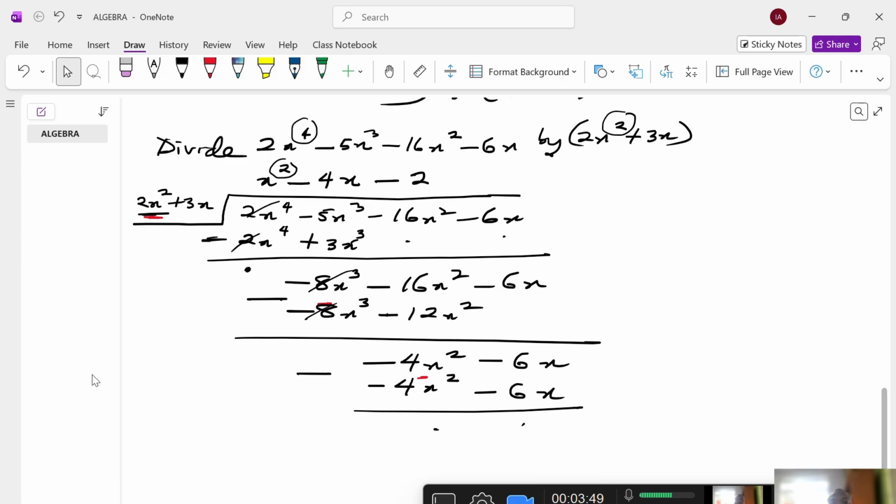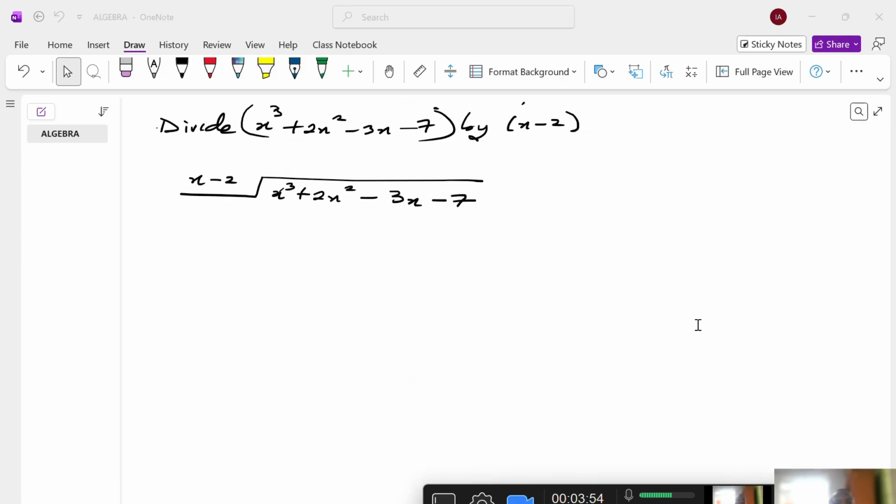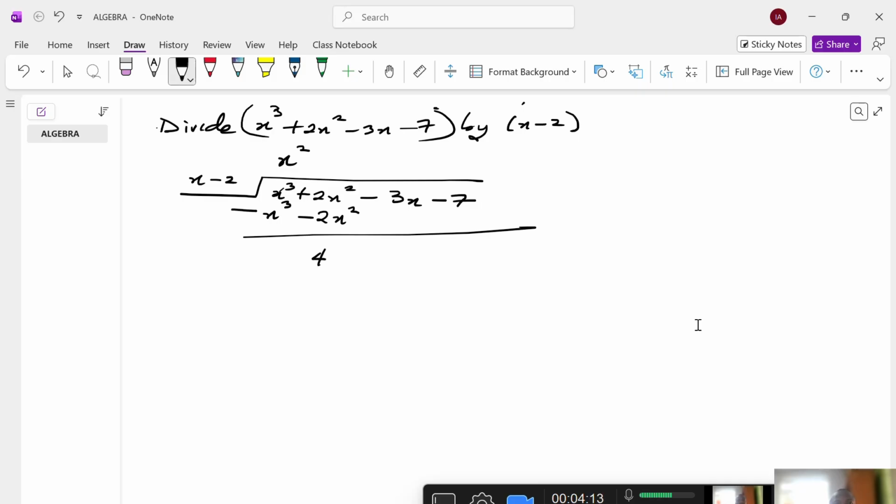So let me now solve another example where I will get a remainder. Now in this example, let's solve this one. x cubed divided by x is x squared. So this gives me x cubed minus 2x squared, isn't it? When you subtract, the minus 2x squared becomes positive, then this becomes 4x squared minus 3x minus 7.